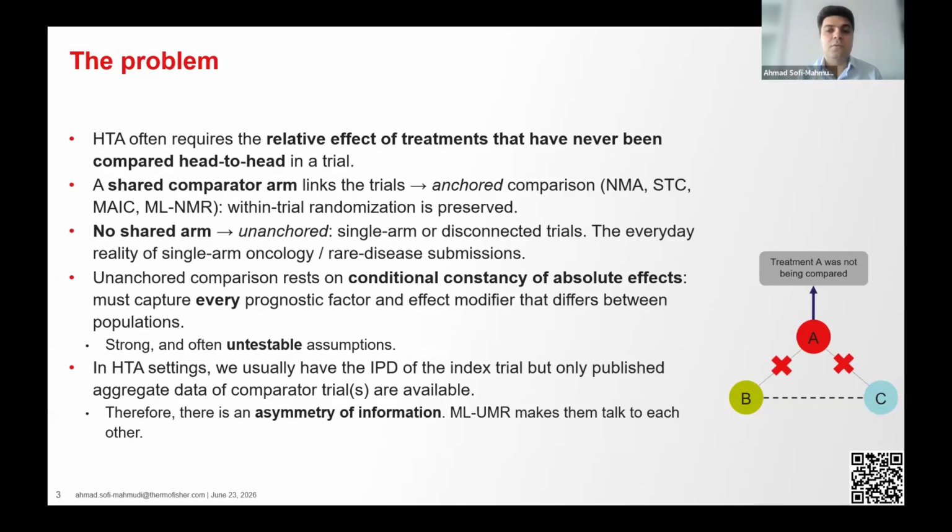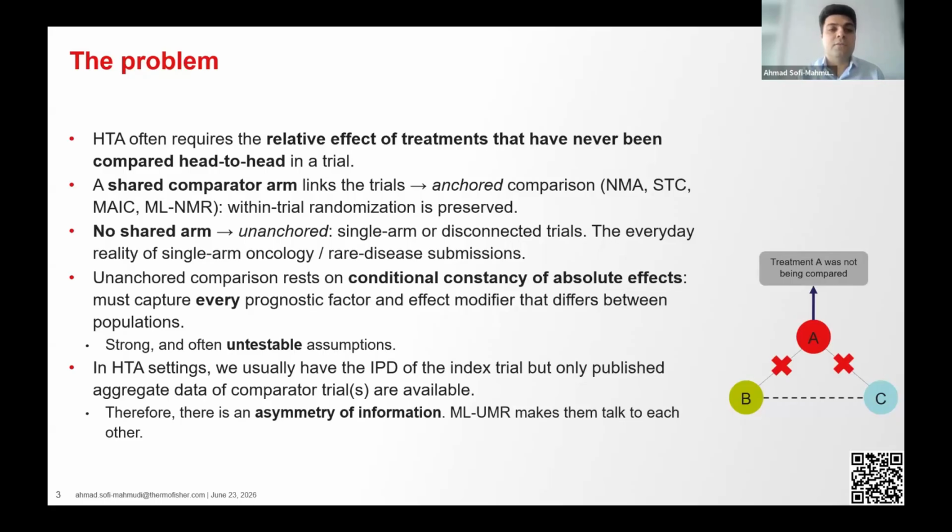Therefore, to solve this problem, we rely on creating a network of treatments and anchor the different treatments using common comparators. We have unadjusted methods like NMA, and then we can go to population adjusted methods like STC, MAIC, and mlNMR.